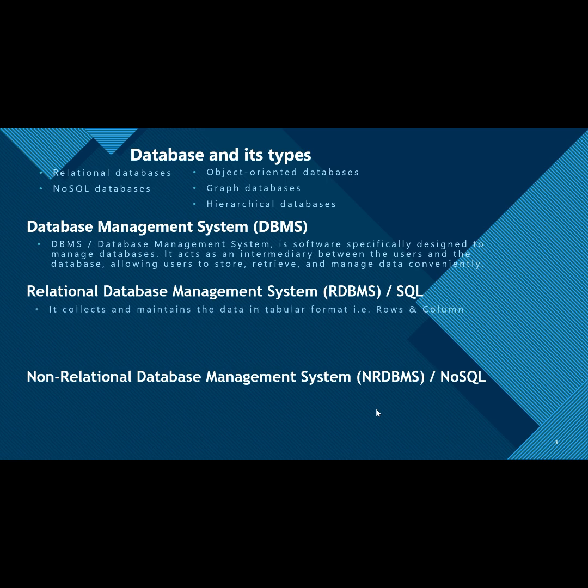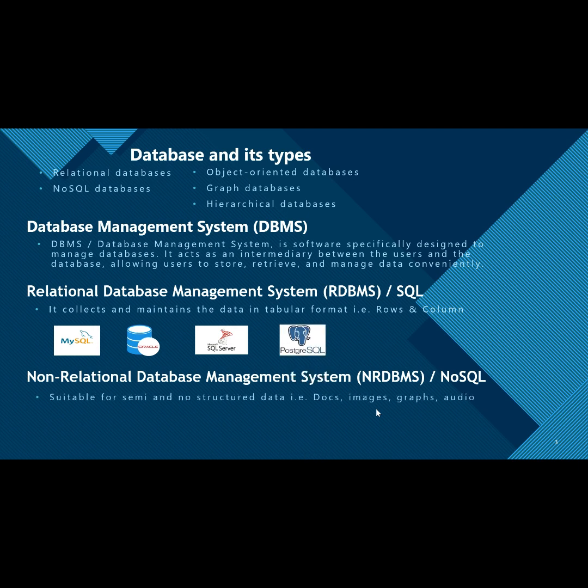In a relational database, as I said earlier, it collects and maintains the data in a tabular format, that is rows and columns. There are various types of RDBMS products in the market like MySQL, Oracle, SQL Server, PostgreSQL, and SQLite. A non-relational database is suitable for semi-structured and unstructured data like docs, images, graphs, audio files.